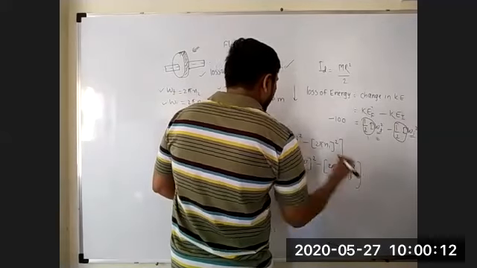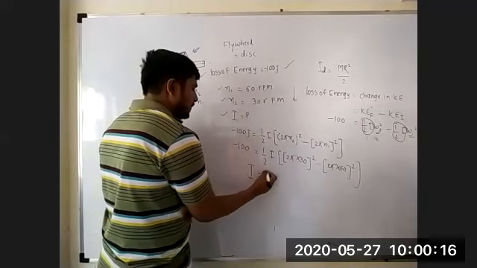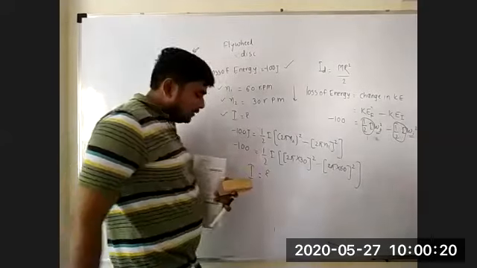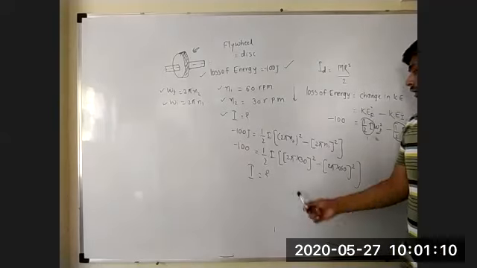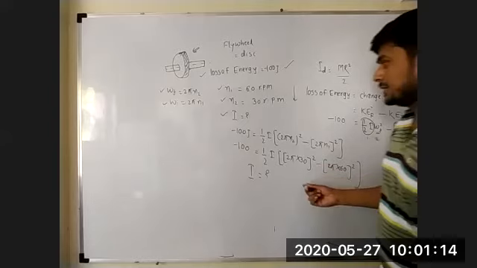By simplifying, you will get the value of I. You just note it down and then we'll move forward. Place the values of 30 and 60 and it becomes simple.